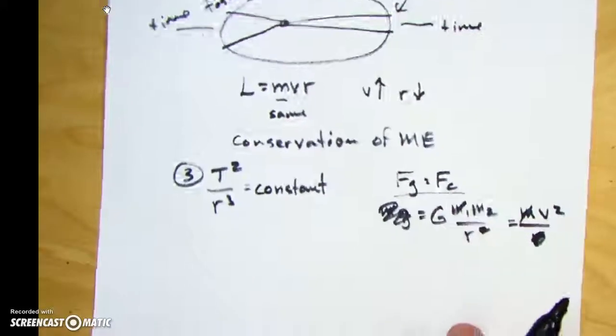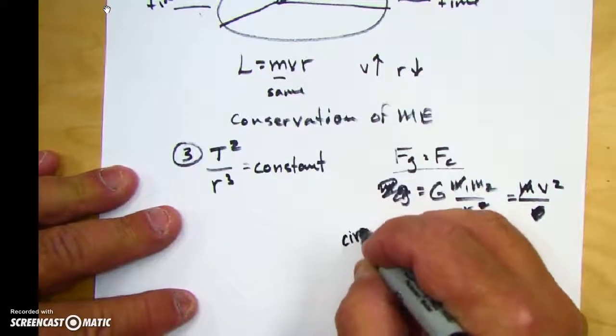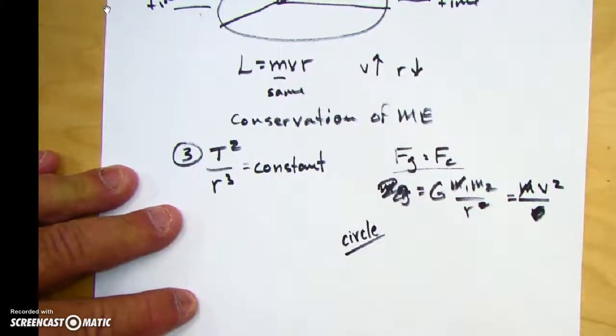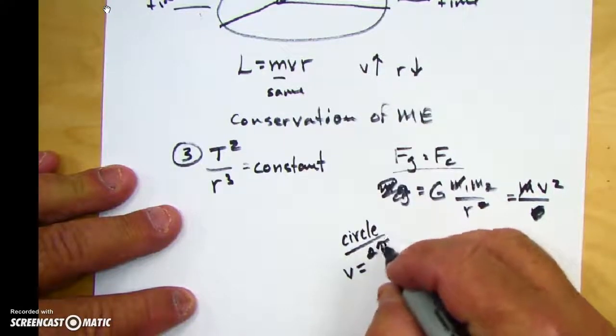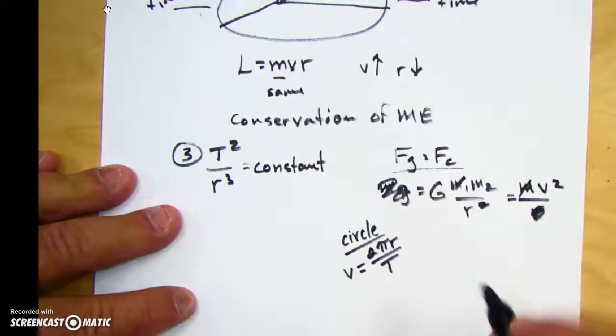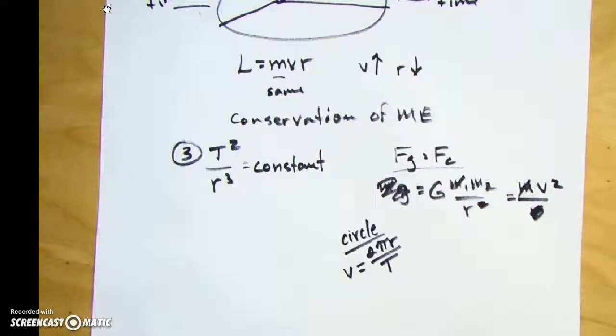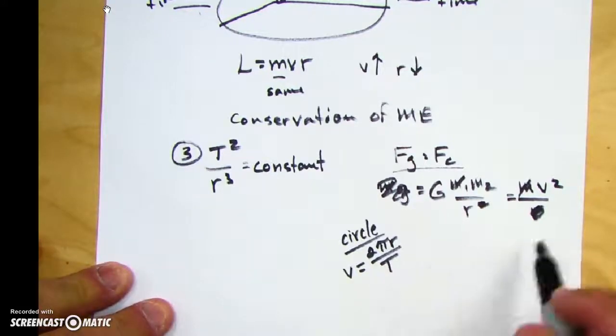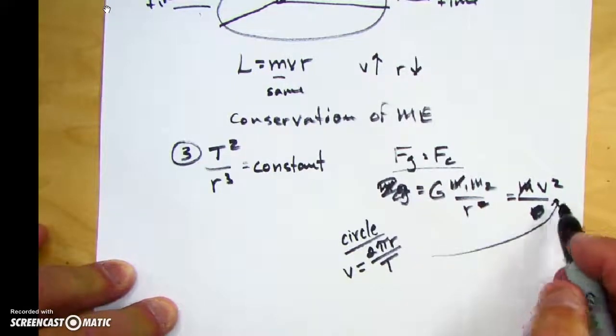So I get G M2 over r is equal to v squared, same thing as we had before. But now I'm going to approximate it with a circle. And we know the speed around a circle is equal to 2 pi r over the time for one revolution, in other words, circumference over period. So now we'll put that in and square it for v squared and plug that in over here.